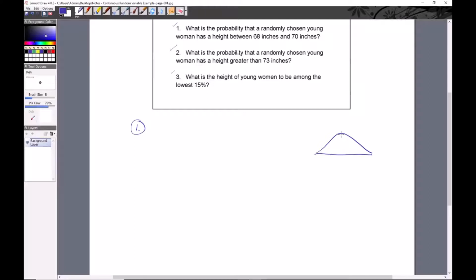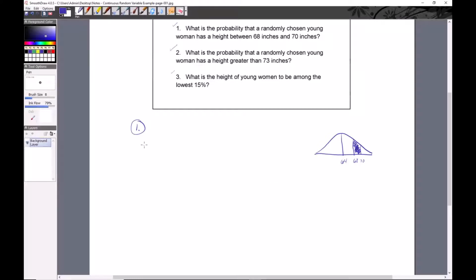They love it when you do that. So this is a curve centered at 64, and we're looking for 68 inches up to 70 inches. Let's go ahead and shade this in.